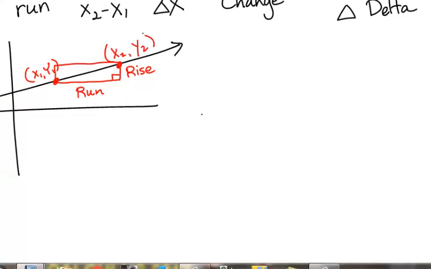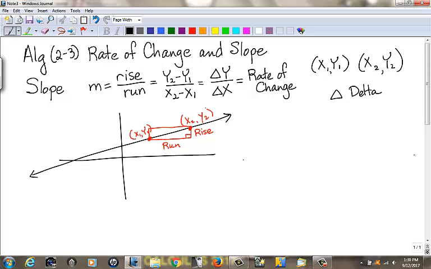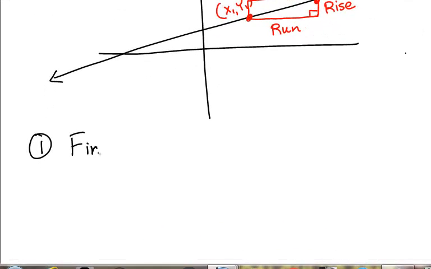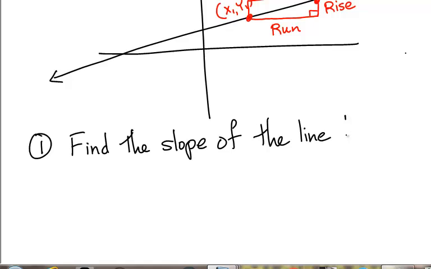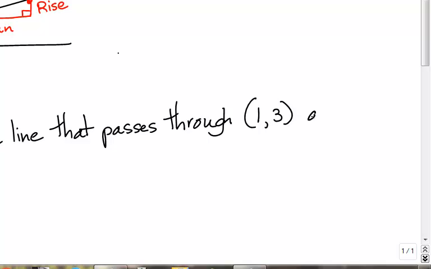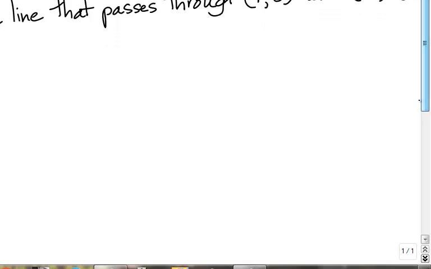Okay. So let's go through and figure an example. Say they ask you to find the slope of the line that passes through the ordered pair 1, 3 and the ordered pair -2, -3.